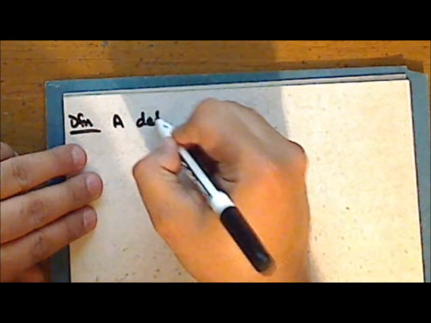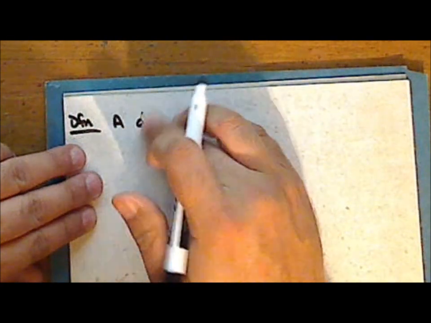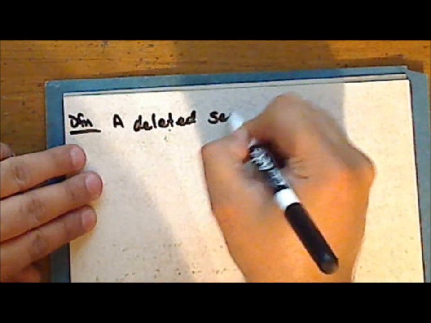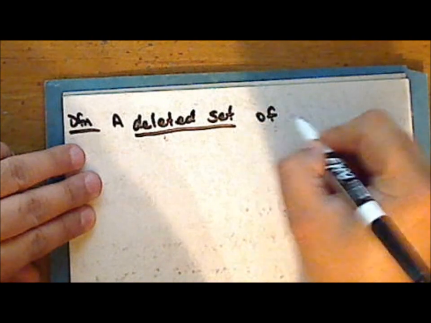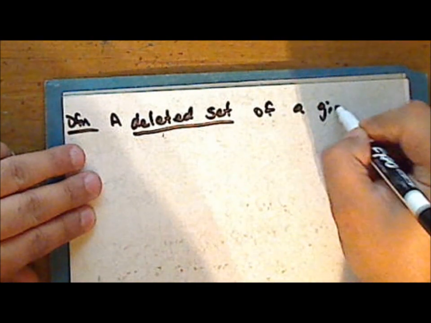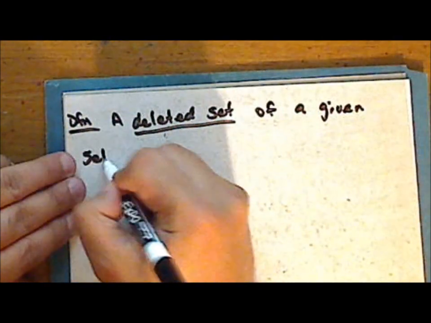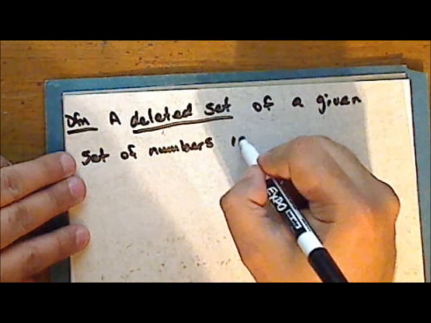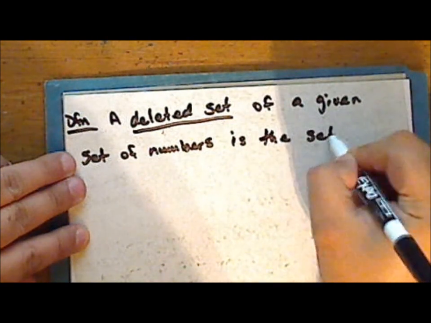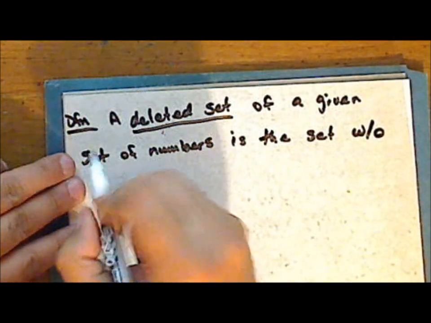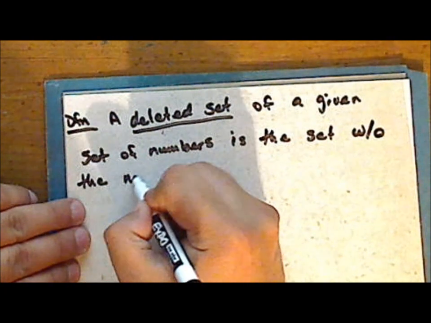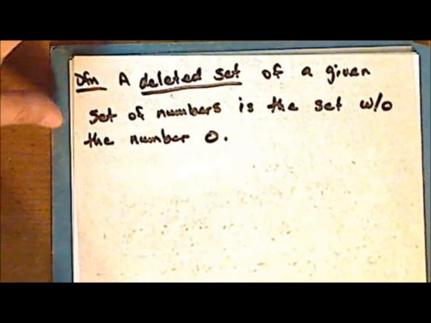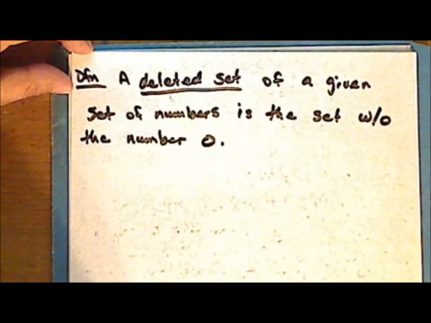A deleted set of a given set of numbers is the set without the number 0. The symbol for a deleted set is the symbol for the set with a superscript star.